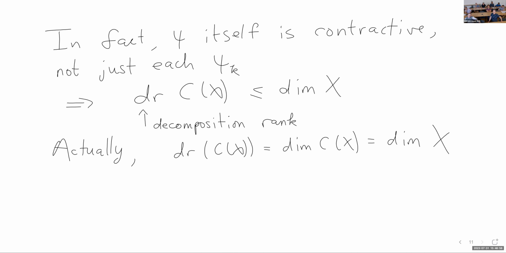In this sense, the nuclear dimension and also the decomposition rank are non-commutative notions of dimension. It's not at all obvious that the nuclear dimension is the right notion of non-commutative dimension for the classification theorem.